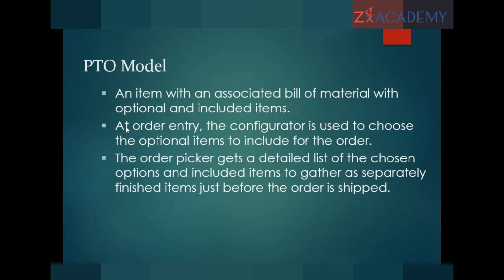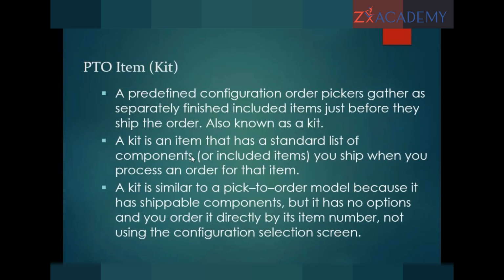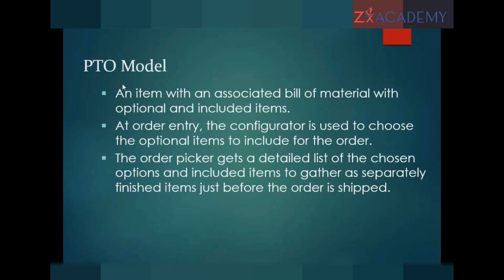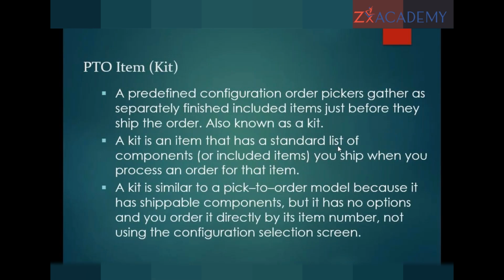Whenever you enter something, we can directly get the included items or optional items for the PTO ones. This is a PTO item, or we can say a kit. It is a predefined configuration order.